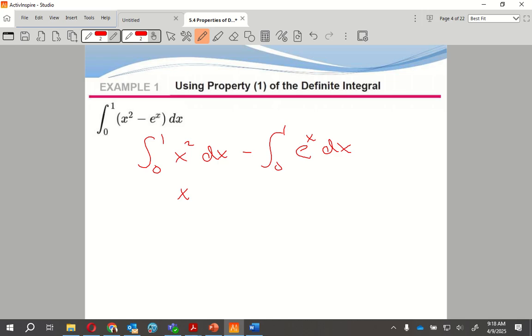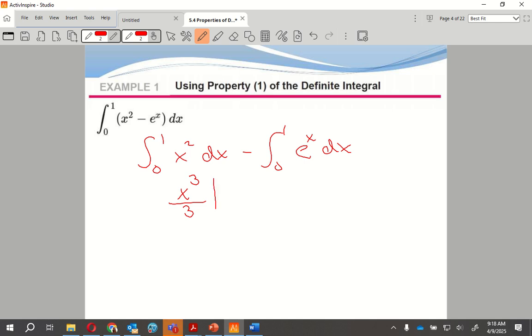Integration is the opposite, so instead of going out front and subtracting 1 from the exponent, I take care of the exponent first. So this one's going to be x to the third, and instead of multiplying by the exponent, divide.